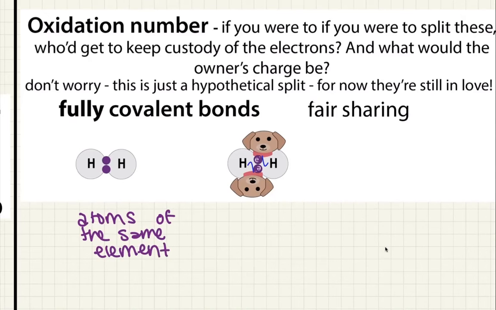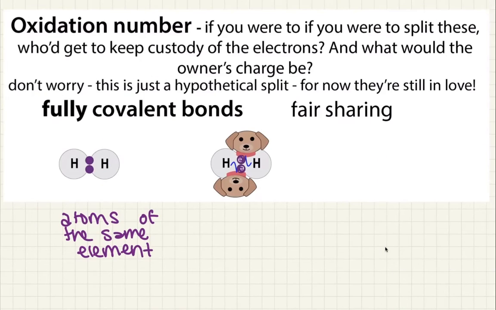When you have one of these, then it's kind of like 50-50 which the dog would want to go with. Who would the electron want to go with? Well, they're both equal. And so if you were to split these up, each one would get to keep one electron. So in order to determine the oxidation number, we're going to say, okay, if we split these, who would get to keep custody of the electrons, and what would the owner's charge be?